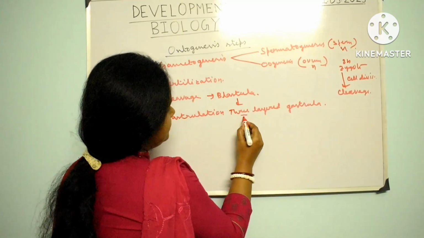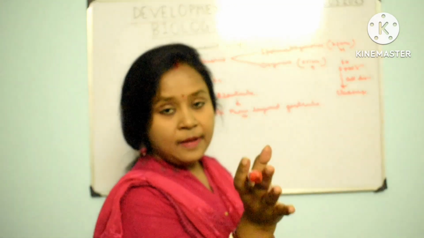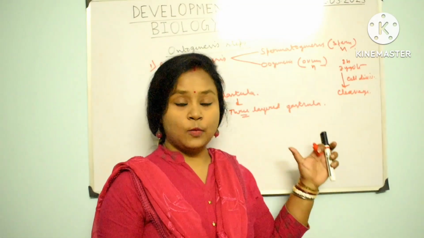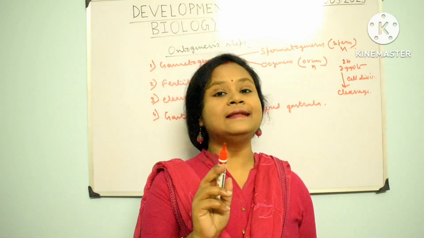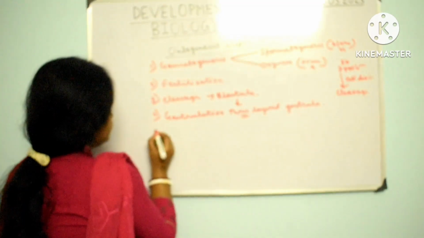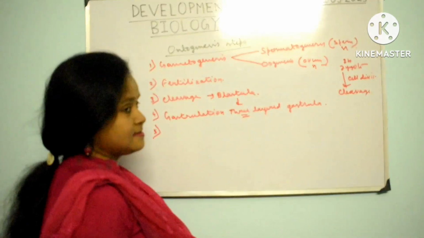And what are these three layers? Ectoderm, endoderm, and in the middle of these two layers, the mesoderm. Each of these three layers is known as a germinal layer.